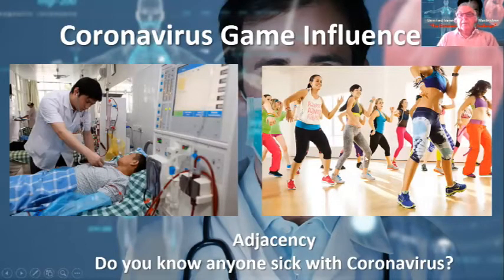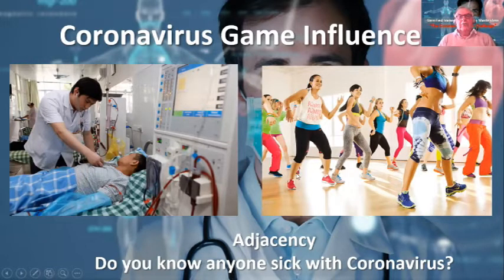The other A-list I want to share with you is called adjacency, and I've chosen this one because I think it's relevant to the coronavirus situation. And adjacency means how close or how relevant is the game to your situation. So if you know somebody who is sick with coronavirus, if you have a friend who's died from coronavirus, you are more likely to be influenced in your attitude and behavior and willingness to play the game.